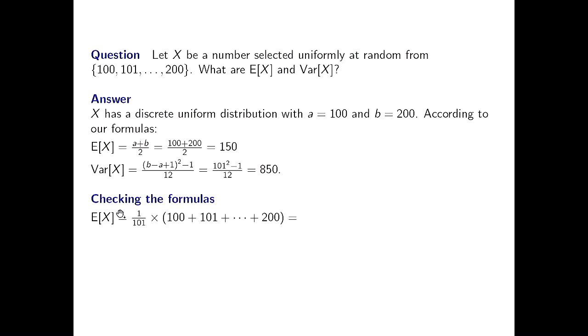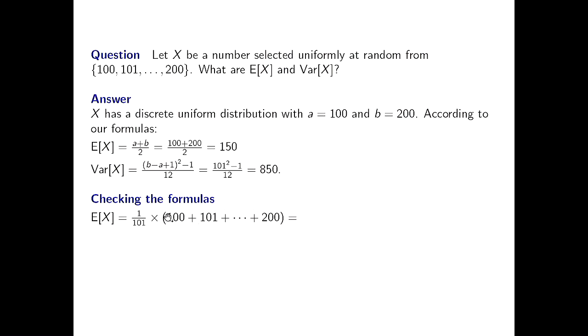So our expected value of x, if we were doing that from first principles, would be the probability of 100 times 100 plus the probability of 101 times 101 plus and so on up to the probability of 200 times 200. But of course, all of these probabilities are just 1 on 101 because there are 101 of these numbers. And so it's just this.